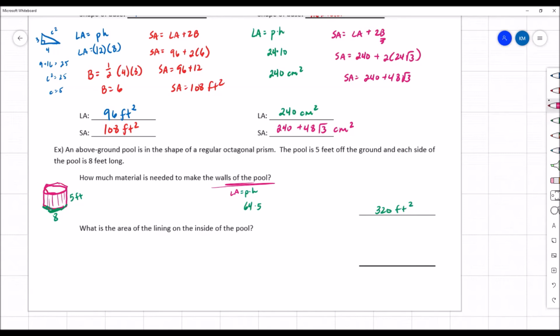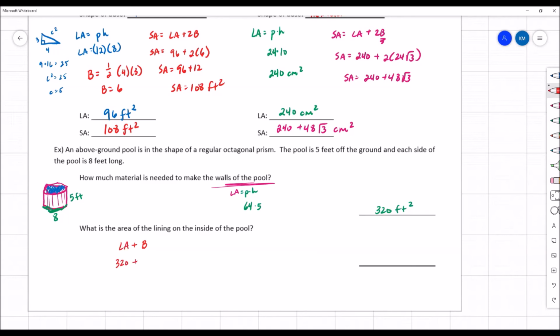I know we talked about surface area and lateral area a little bit, but if you think about it, it's a pool, and we won't be covering the top, because if we cover the top, we won't be able to enjoy the pool. So for our lining we will use the lateral area, but we won't be using 2 bases, we'll only use 1. And our lateral area we already found to be 320.